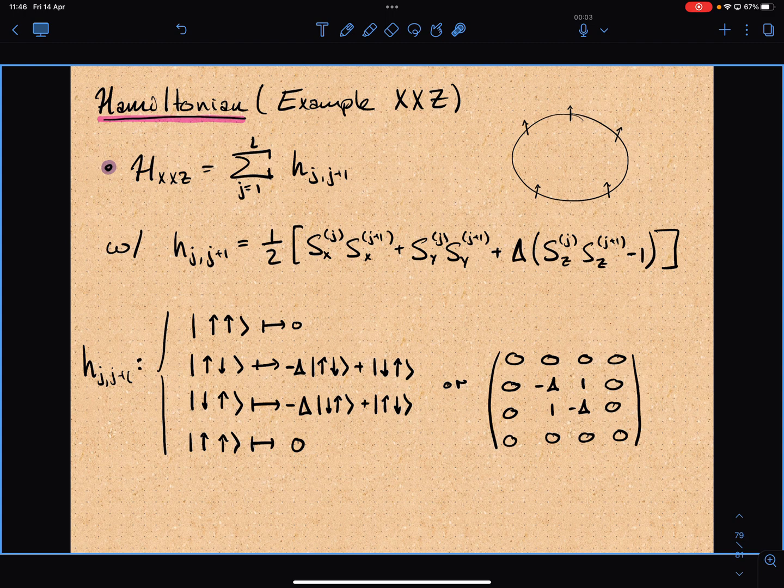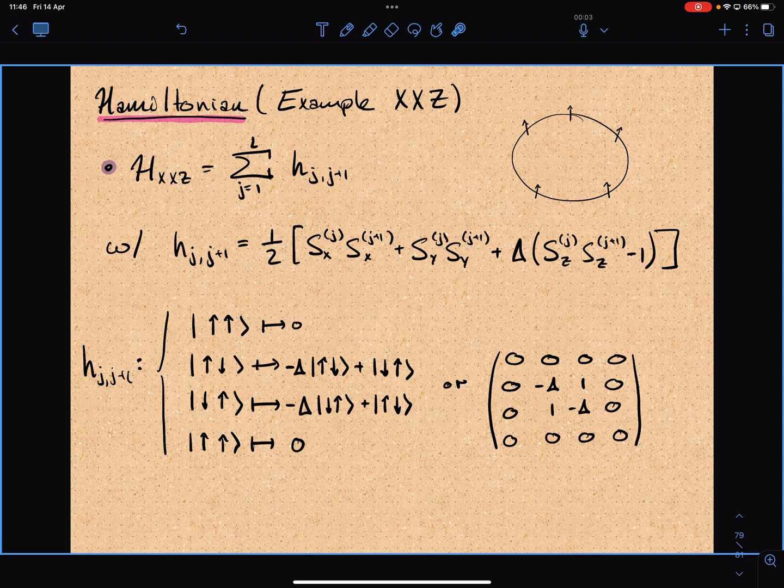In this case, I think of the spins to be on a ring of length L, and we have certain upspins along the ring, and the Hamiltonian, or the Hermitian matrix, is made up of local interactions of adjacent particles, j and j plus 1, and j goes from 1 to L. If j is equal to L, then j plus 1 is L plus 1, and I assume that the interaction is between L and 1, so that's why I'm on a ring.